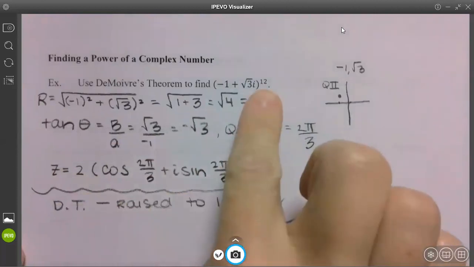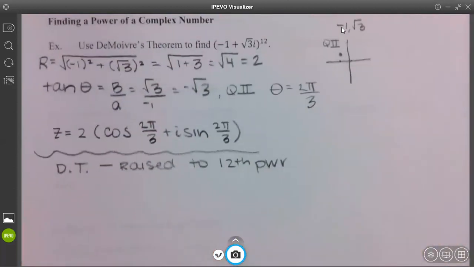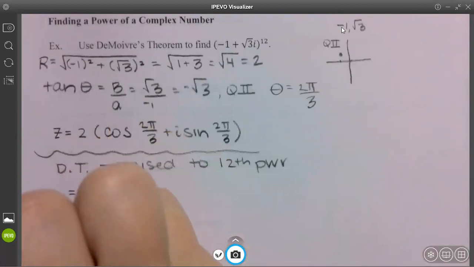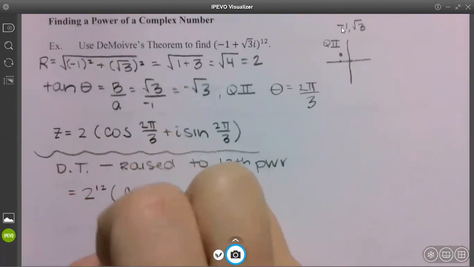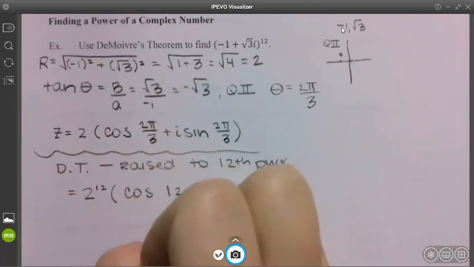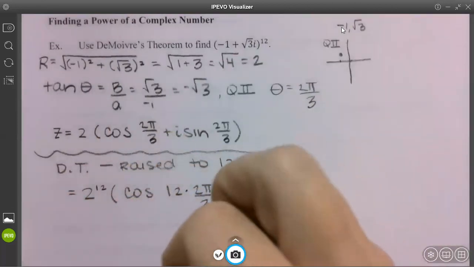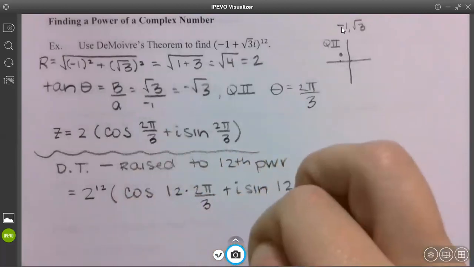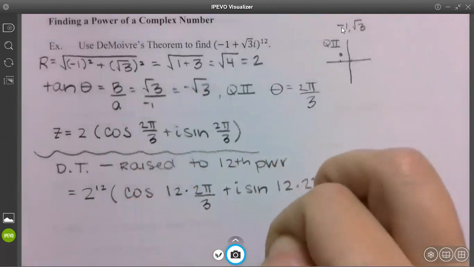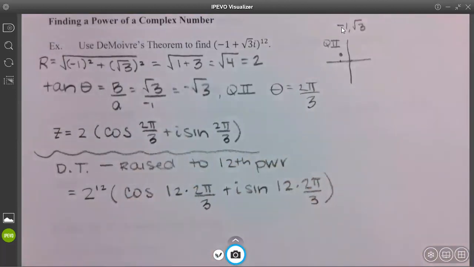That's what it told us right here. So that means we're going to do 2 to the 12th times cosine 12 times 2 pi over 3 plus i sine 12 times 2 pi over 3.